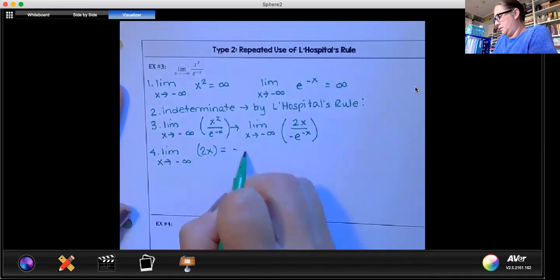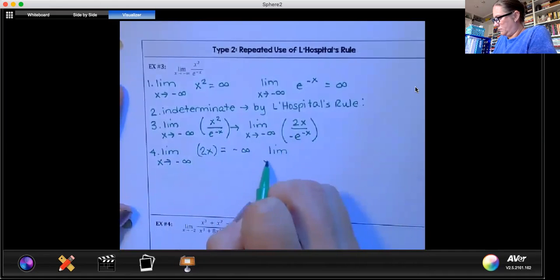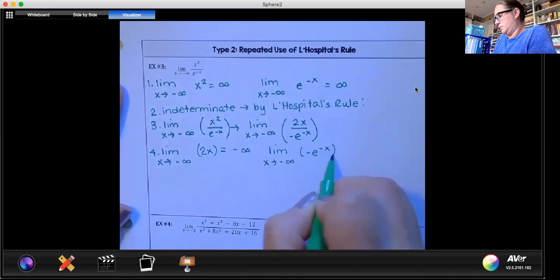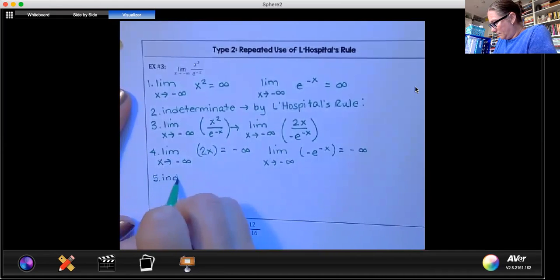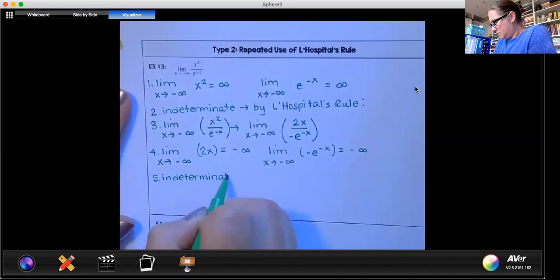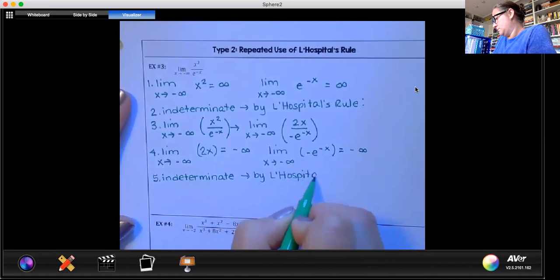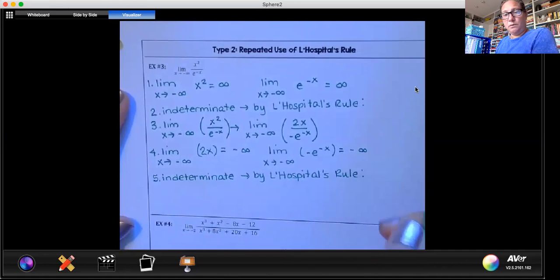Again, negative infinity here. And negative infinity here. So again, it's indeterminate. So you just repeat the process.